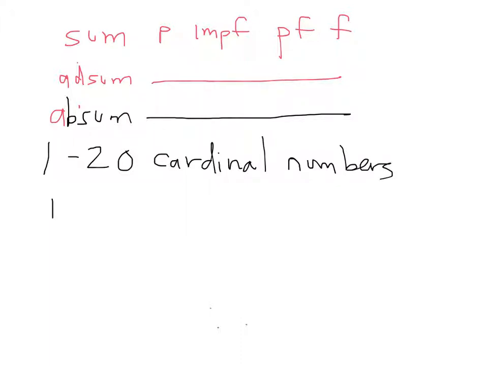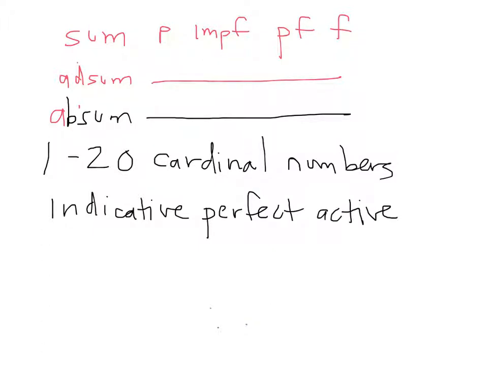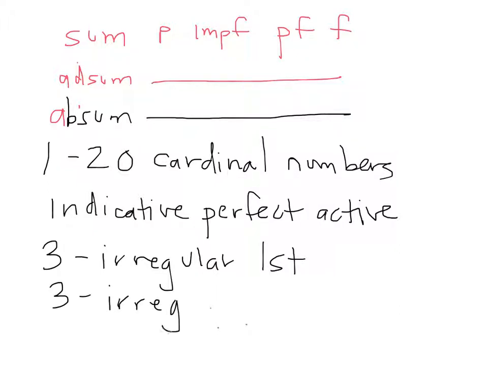You reviewed the indicative, which is the mood for facts or statements about reality, the indicative perfect active. In particular, you reviewed that because you learned 3 new verbs that are irregular first conjugation verbs, like do, sto, and uo, and you learned 3 irregular second conjugation verbs, video, maneo, and respondeo.